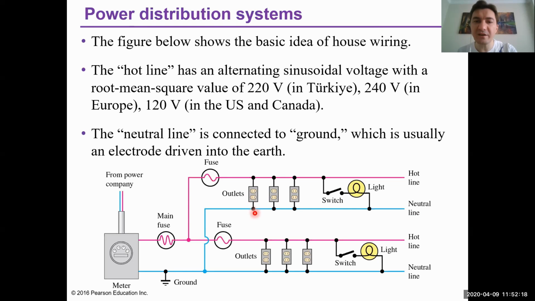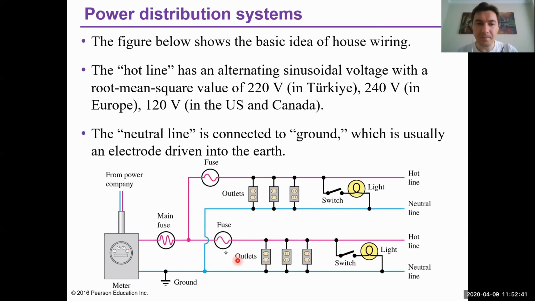So what you see here, lights, you can also put another light here. They are connected in parallel, and outlets are also connected in parallel. So each device, each instrument here gets the same voltage since they are connected in parallel, okay? This is the case in house wiring.